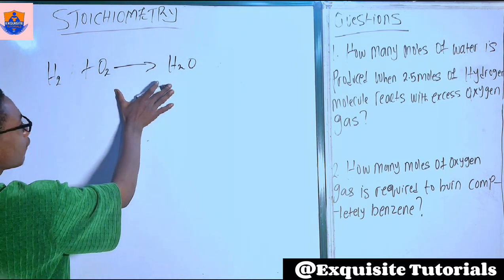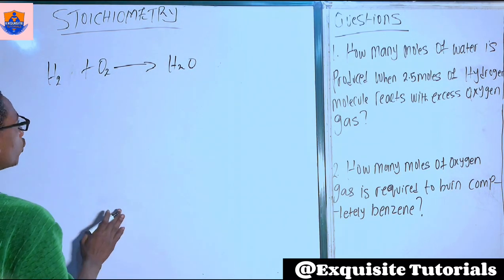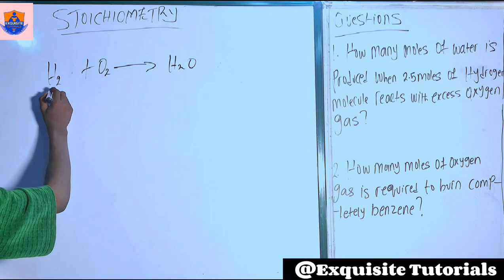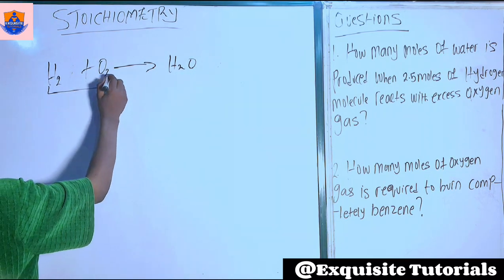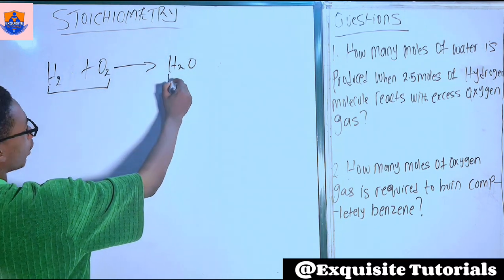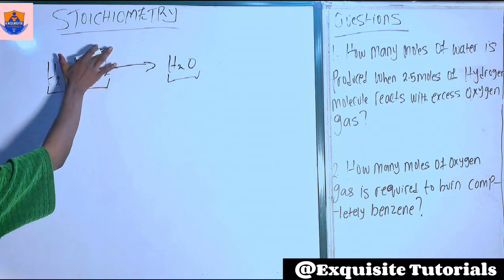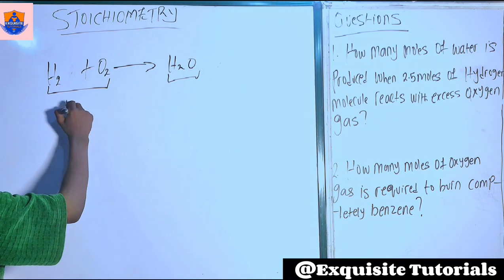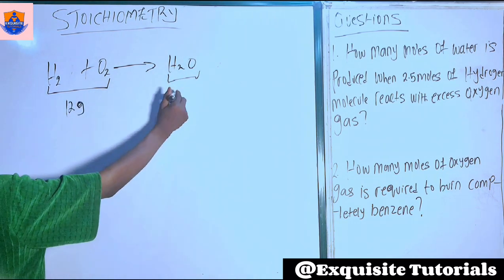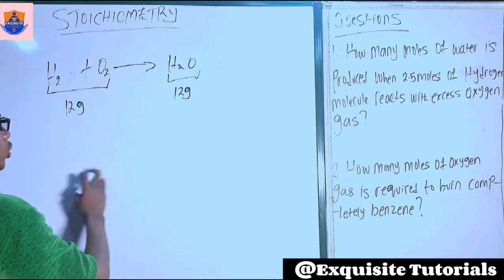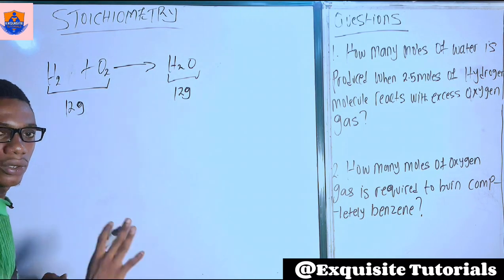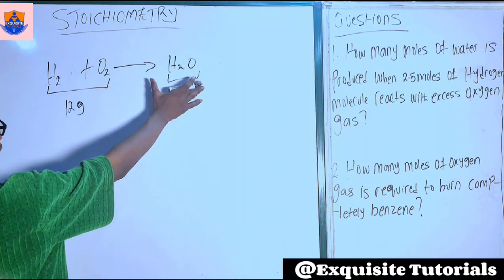In a conserved reaction, the total mass we have here should be equal to the mass we have here if the equation is conserved. So if the total mass we have is 12 grams, the mass here will be 12 grams. No loss in mass.